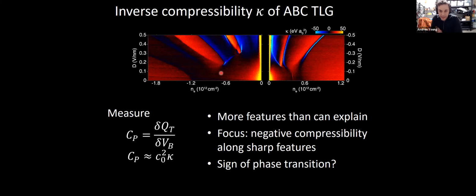There's more than I am going to tell you about in this colloquium, but I want you to focus on several key features, in particular on this right-hand side, which corresponds to electron doping. I want you to focus on these sharp blue features, which correspond to negative compressibility, and which I'll try to convince you are actually a sign of exactly the ferromagnetic phase transitions that in a sense you would expect in a high density of states, low density material.